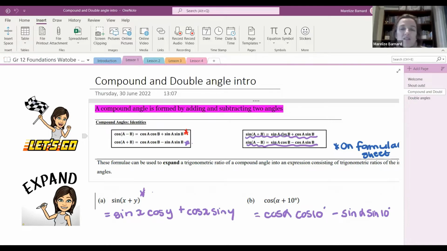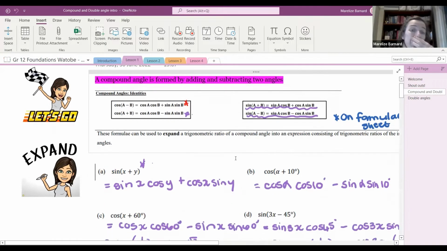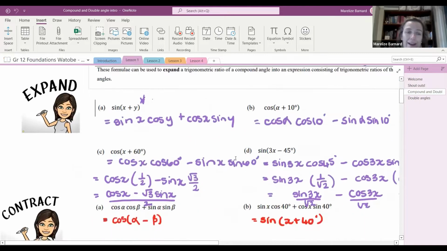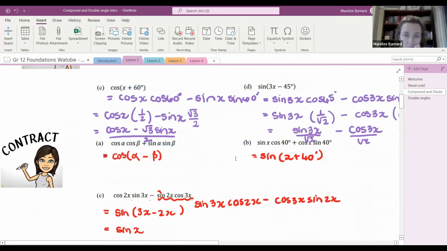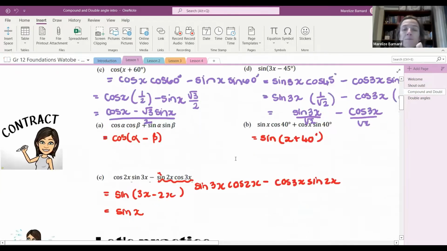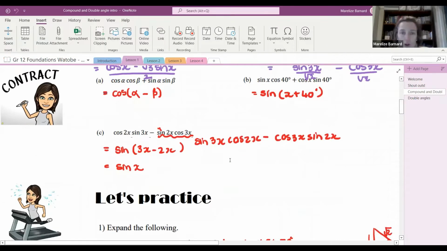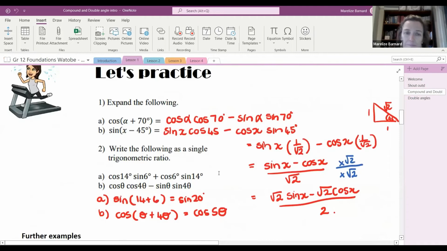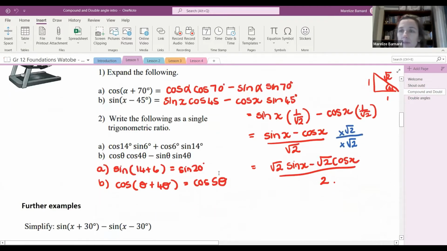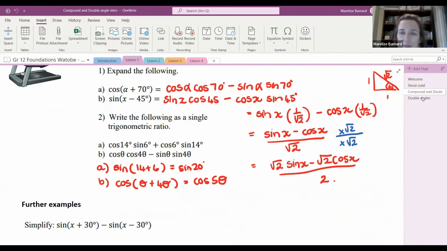So that's a brief way to remember them, but they're on your formula sheet, so you don't have to memorize them. We can expand using compound angles, and we can contract using compound angles. So we can write it longer or write it shorter using our compound angle identity. We did a bit of practice around that, and that's going to be in your quiz this evening.